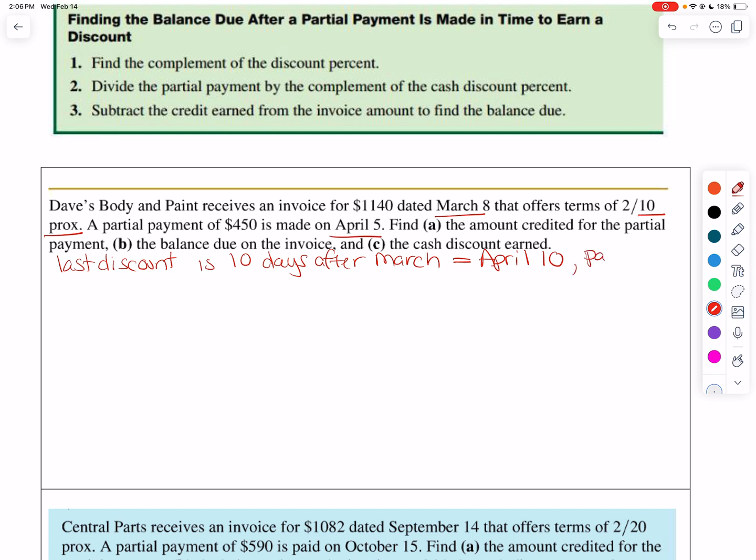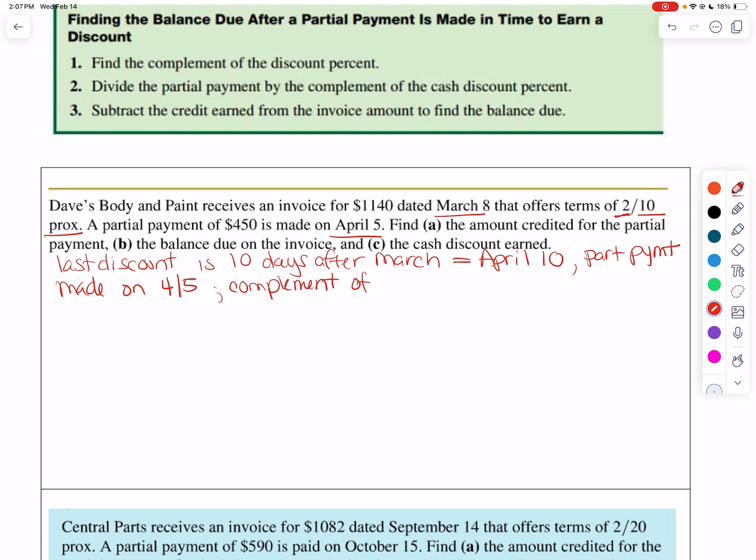So we need to find the complement of the discount, which is not 1%, it's 2%.